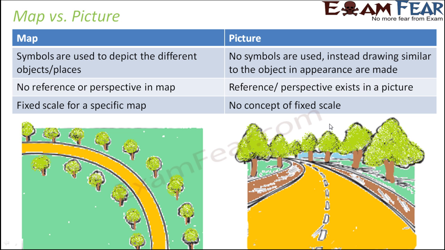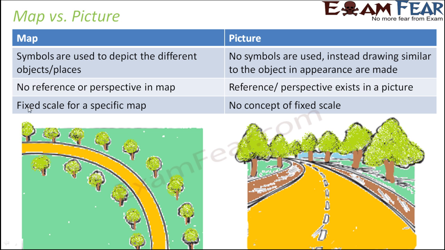Where I have used a map, I have just used symbols for trees. So this is a symbol for tree. So everywhere you see this type of tree. But here we have shown the actual picture. So here also we have drawn a tree, but we have tried to draw it in a more realistic manner, in a more similar manner to that of the actual tree.